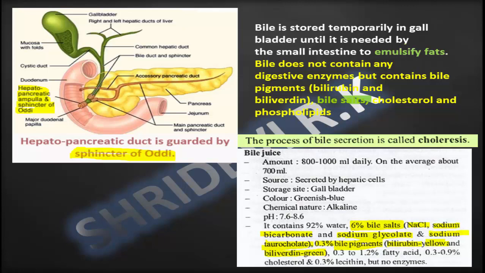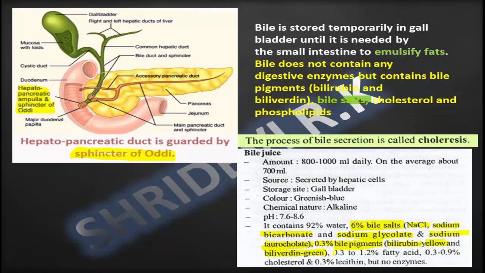That is why it is also termed hyperbilirubinemia. Increased production of bilirubin due to excess production of bile juice, or it may be due to any other reason. So in a patient with jaundice, the concentration of bilirubin in the blood will be more, and bilirubin is a yellow colored pigment, biliviridin is a green colored pigment.